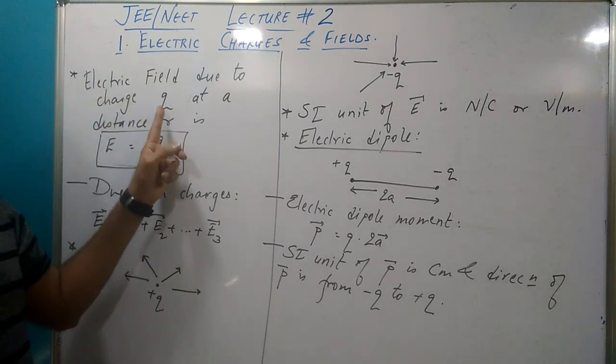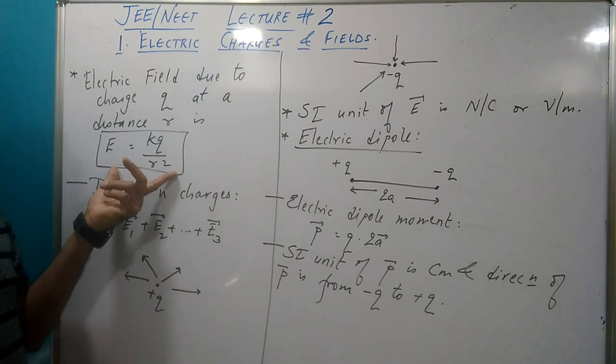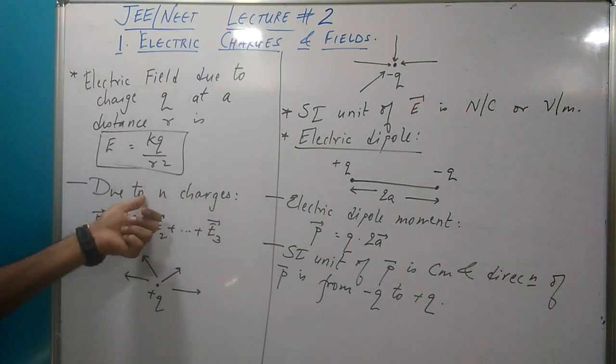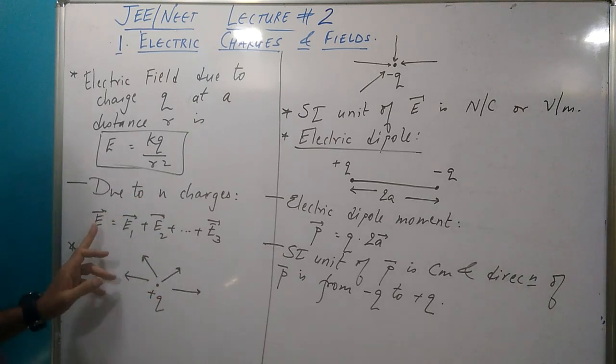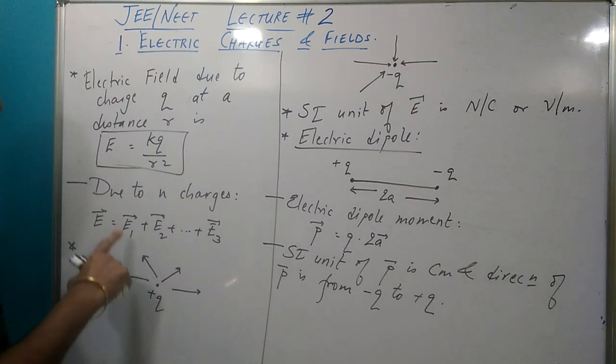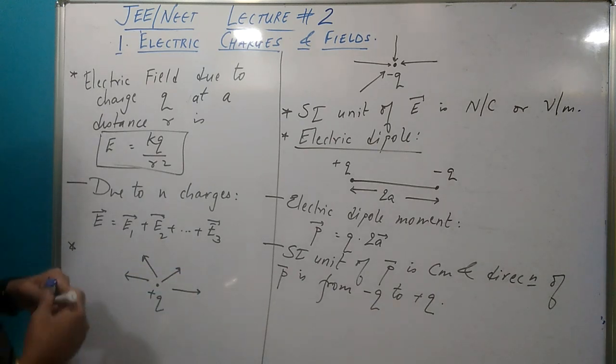Electric field due to a single charge Q at a distance r from it is given as E is kQ by r square. If I have n charges, the net electric field E bar is a vector sum according to the superposition principle. E bar is E1 bar plus E2 bar plus ... plus En bar.